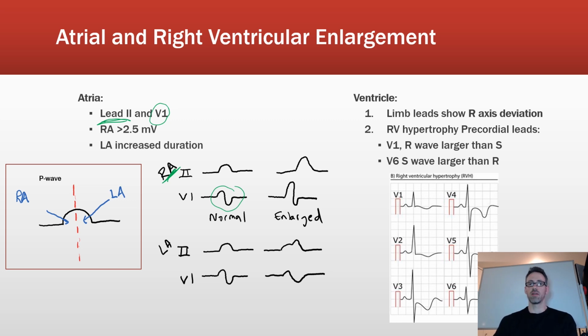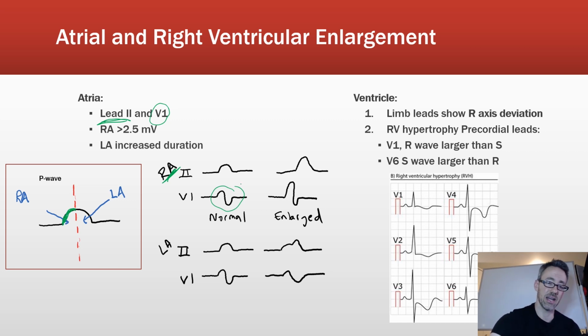So what happens is when it fires and it starts to conduct through the myocytes in the atria, the right atrium actually depolarizes slightly ahead of the left atrium. Okay, so slightly ahead. So that first upward part of the deflection here, which I'm highlighting in green, actually represents on the P wave right atrial depolarization.